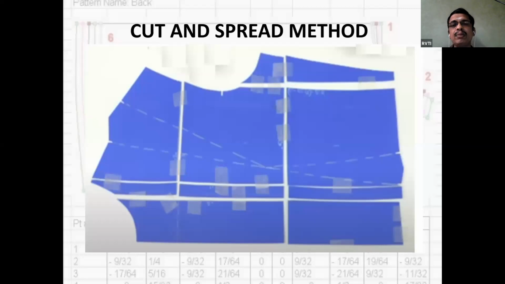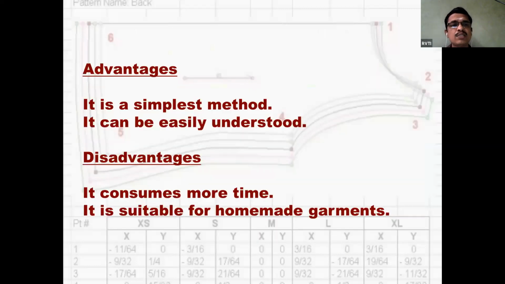The same method can be used here. This is known as the cut and spread method. The advantage of this method is that it is the simplest and can be easily understood. The disadvantage is that it consumes more time. It is suitable for homemade garments. Previously they followed this method only, but it consumes more time.